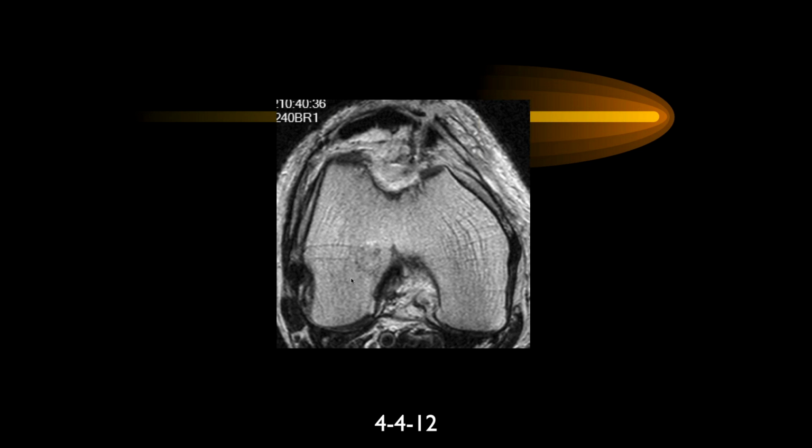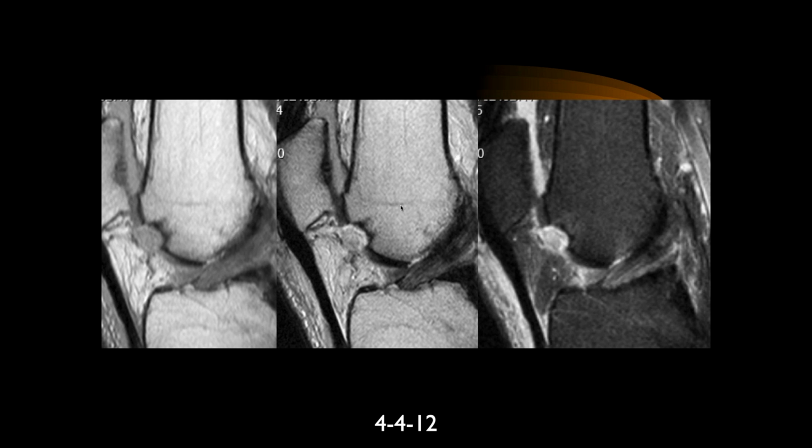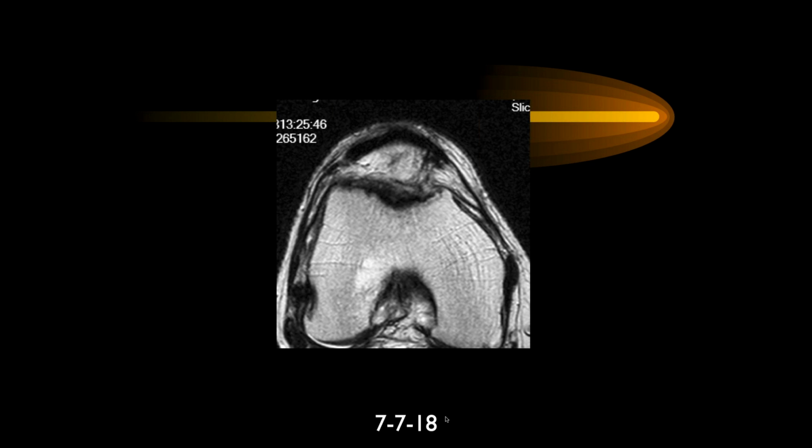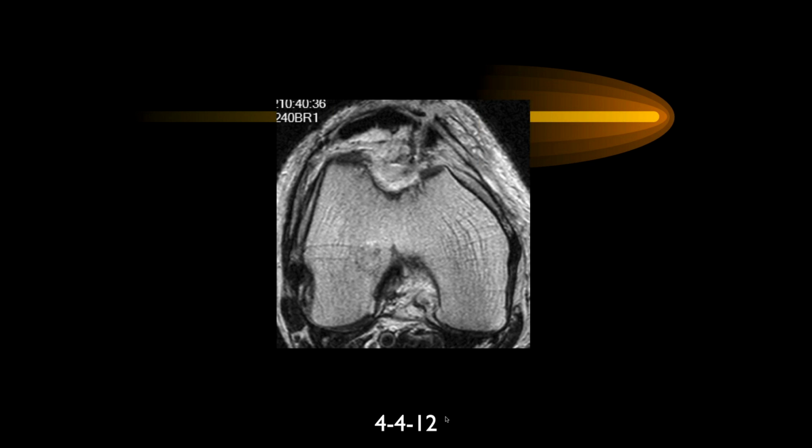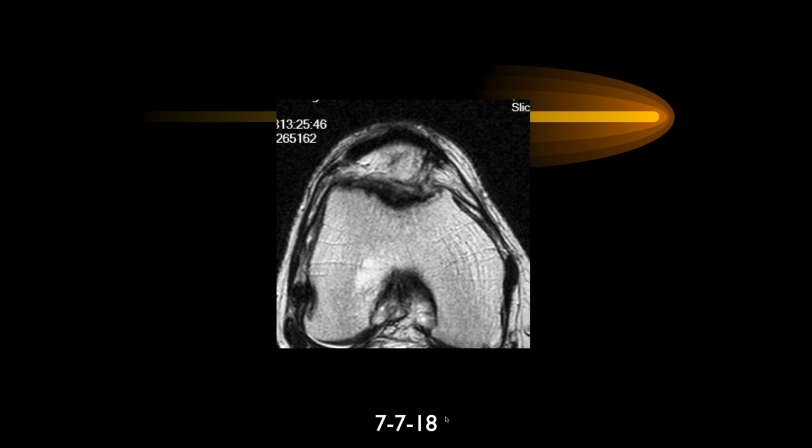Here we can see a grade 4 chondral defect along the central femoral trochlea. And here again, there's a grade 4 chondral defect along the femoral trochlea, and there is some mild patella alta. The patient came back later. Okay, so it looks like there's been some type of graft.